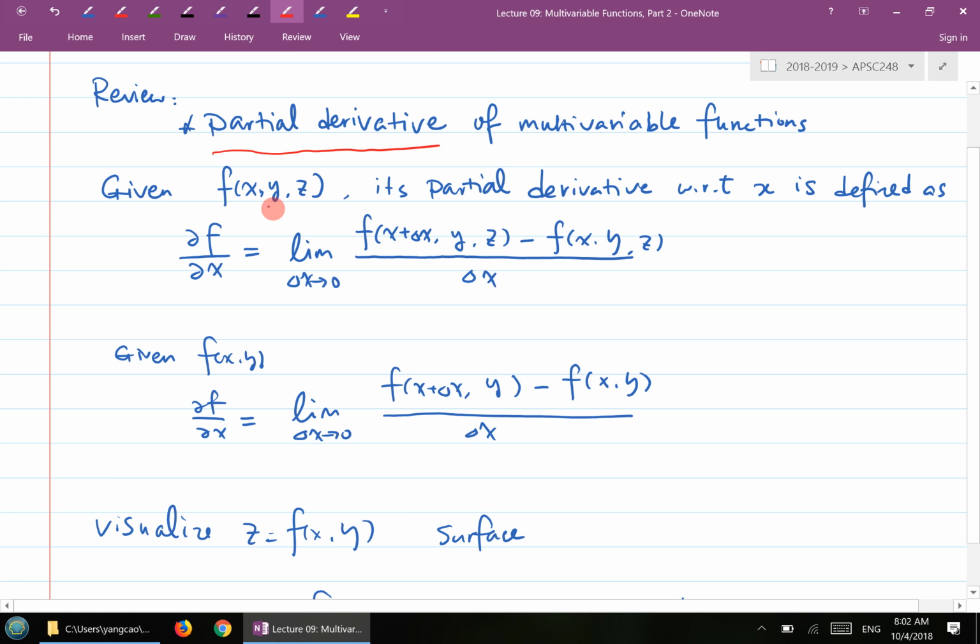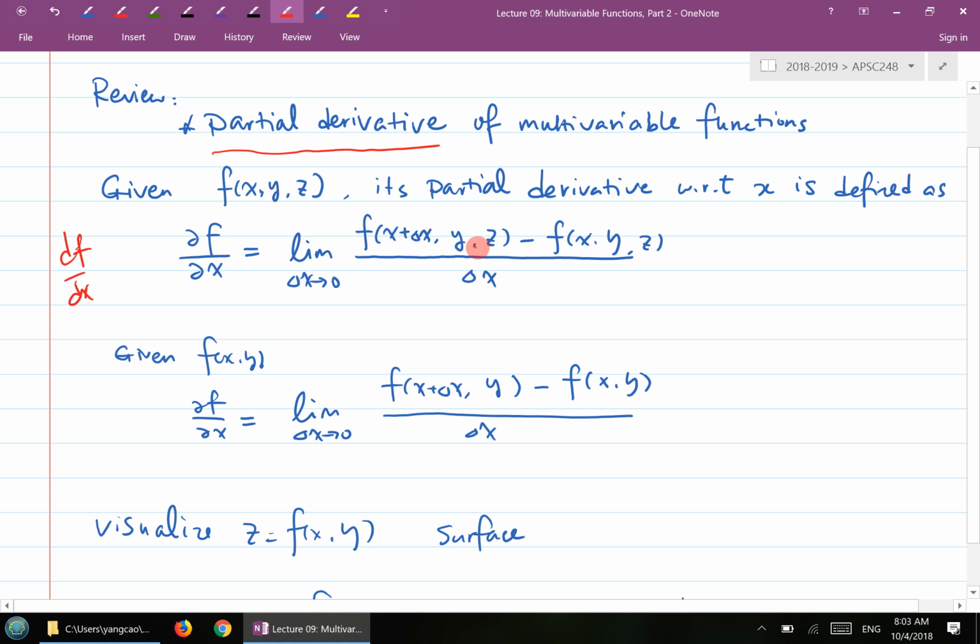The definition is like this. If you have a function of three variables, then its partial derivative with respect to x is defined as this limit. If you look at this limit, the only difference is that instead of a straight d, which the derivative used to have, now we have the so-called partial d, or curved d.